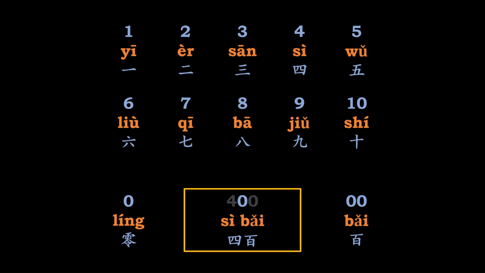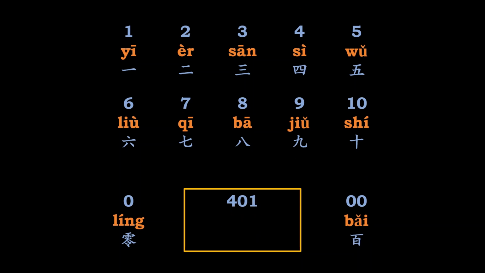But the rule is it's only pronounced when it is in between two digits other than 0. So the digit on either side must be something other than a 0. And that's why in this case, where the rule has not been met, we don't pronounce the 0. Instead, we simply say 400.